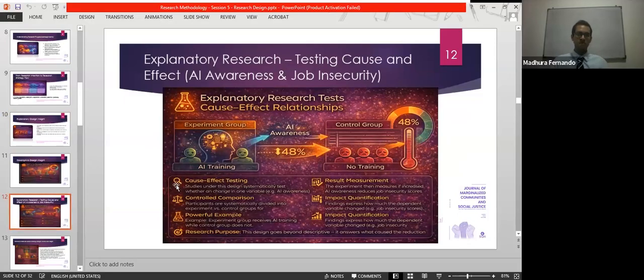Explanatory means you explain. You test the cause and effect, right? How do you find the cause and effect? You have your experimental group and a control group. Why do you keep a control group there? Because say now you want to test whether the job insecurity level reduces due to AI training.